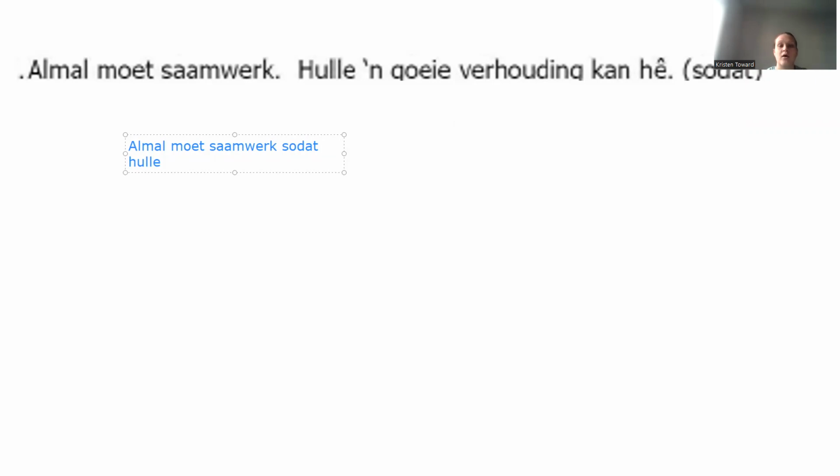Okay, so our verb here is already at the end, if you can see, because a goeie verhouding, a good relationship, kan hê, can have. So our verbs are already at the end. So in this case, hulle 'n goeie verhouding kan hê. Okay, so this is one of the exceptions that they talk about, basically.